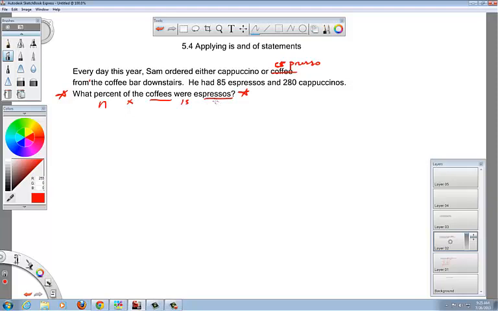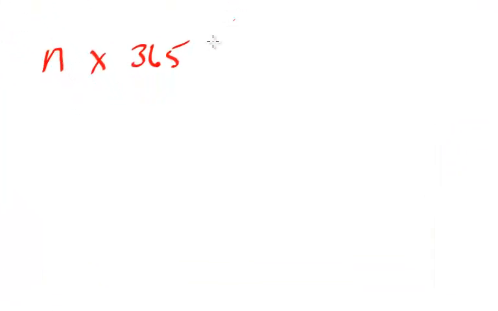That's the sentence that we have to do our translating on. So it's n times, now what's the coffees? The coffees are both added together, and that's 365 because it's every day. 85 plus 280 is 365. Is espresso, so that's equals espressos, which is 85.